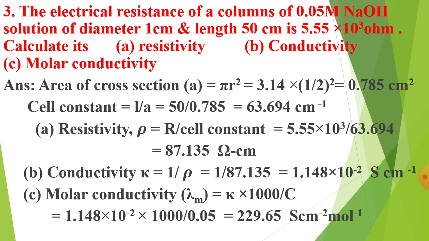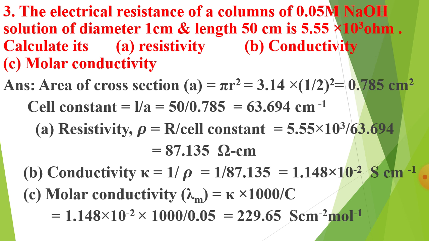Now we know that cell constant equal to L by A. L is given 50 and area of cross section is 0.785, which we have calculated. By solving this, we got the answer 63.694 centimeter inverse.